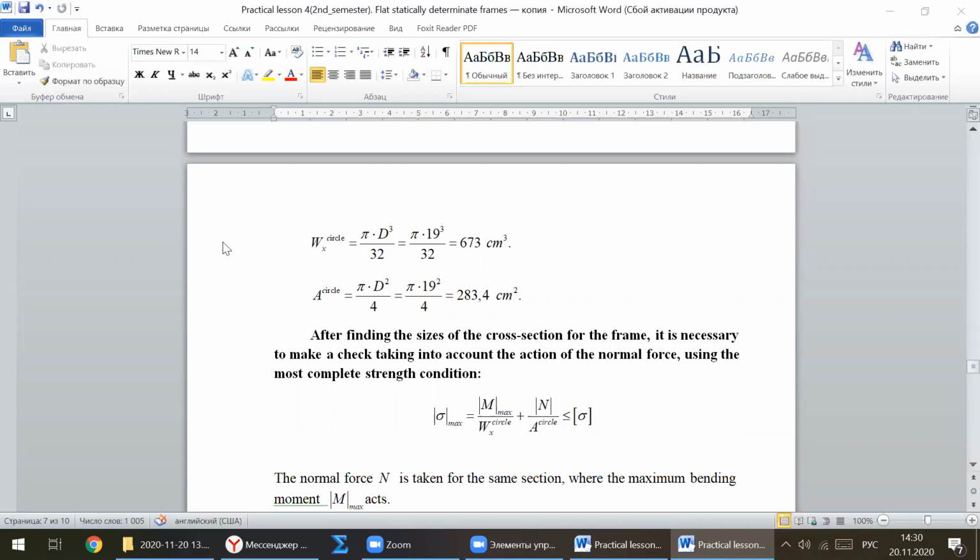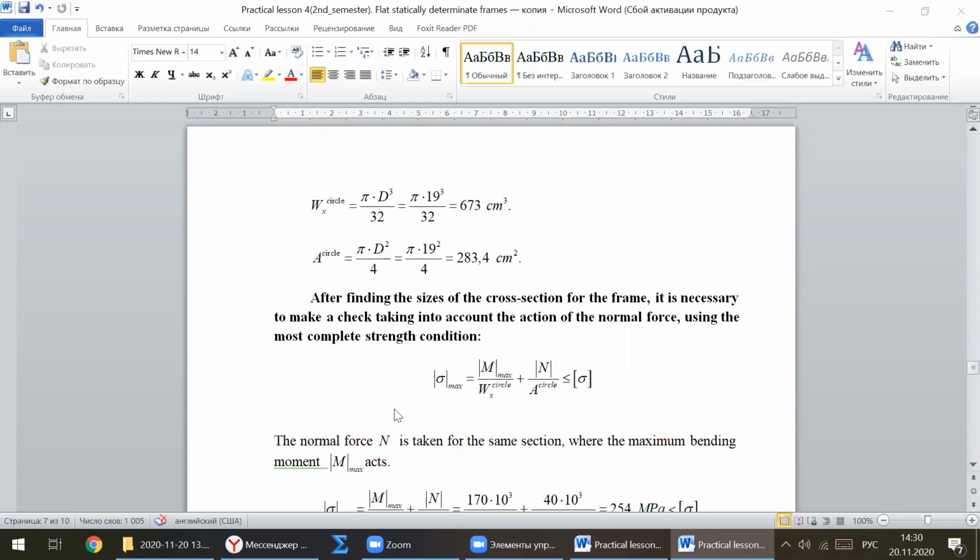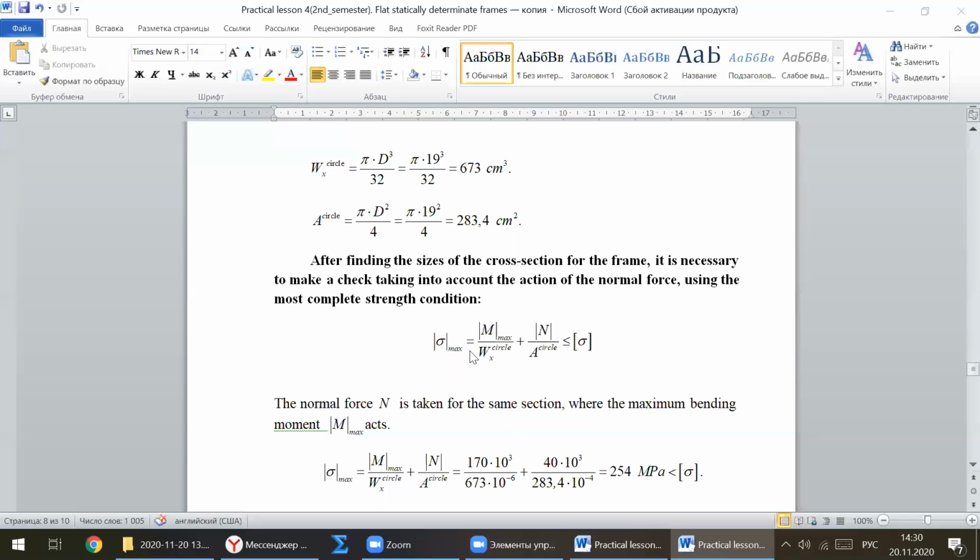And for the frame, after finding the sizes of the cross section, it is necessary to make a check, taking into account the action of the normal force, using the most complete strength condition. According to this formula, sigma maximum is equal to M maximum divided by WX circle plus N divided by A area circle.